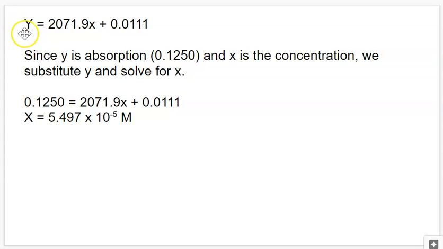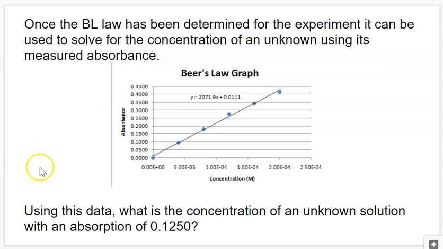So if y is equal to, in this case from the graph, 2071.9x plus 0.0111, we can plug in our absorbance value for y, and then we can solve for x, which is going to be the concentration. So we plug in y, and then we end up solving for x, and we find out that our unknown has a concentration of 5.497 times 10 to the negative 5 molar, which makes a lot of sense if we look back at our graph.